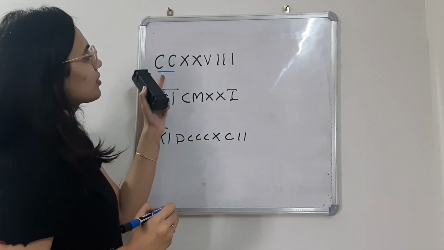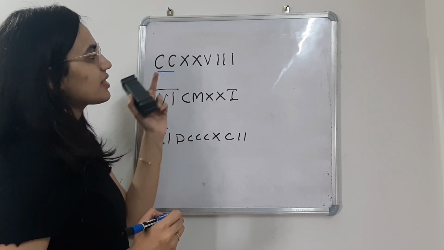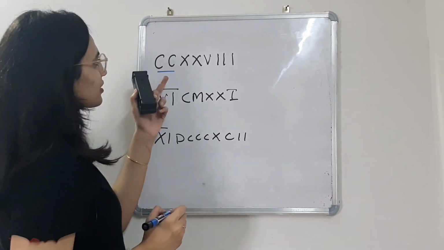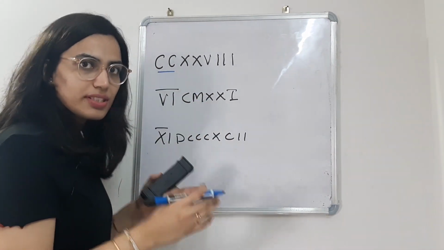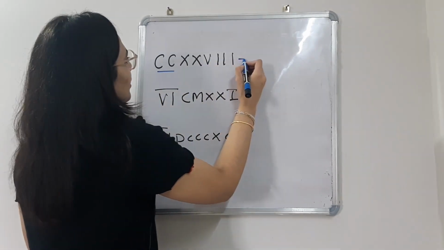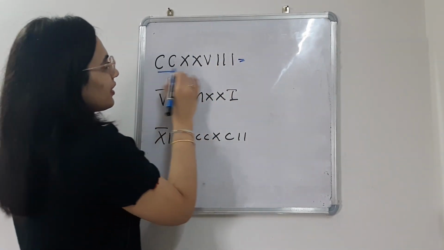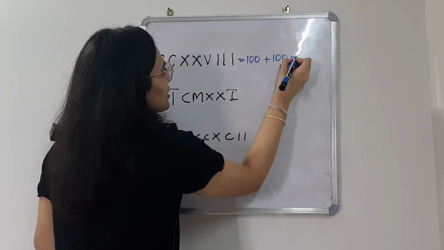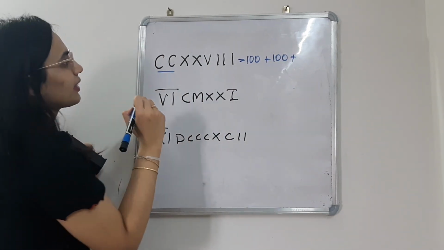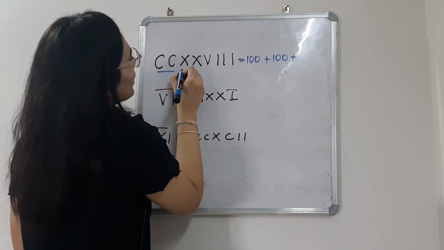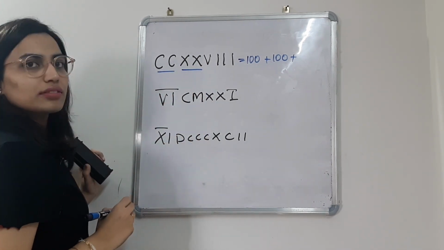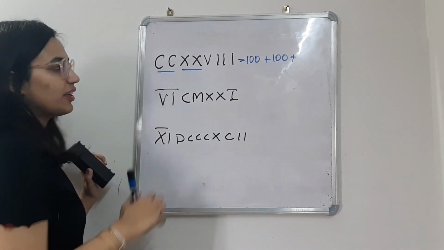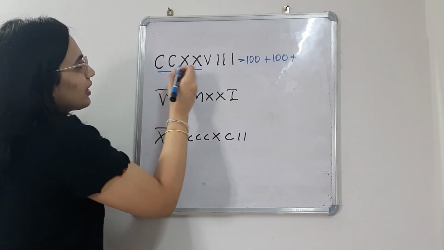First one is, remember this, CC. Just apply the rules and do it. CC, there is nothing that is following that, right? It's on its own. Can we write this as 100 plus 100, that is 200? Now, there is no rule that we can follow here other than bundling the numbers.